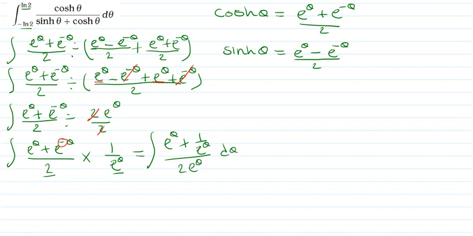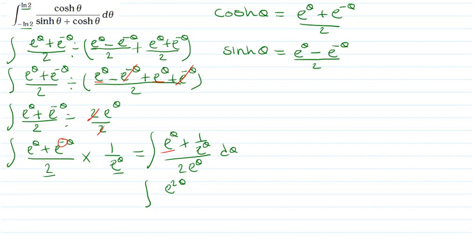Simplifying this further, we're going to have the integral of, so we're going to make the numerator a single fraction, meaning we will say e to the power theta multiplied by this e to the power theta gives us e to the power 2 theta.